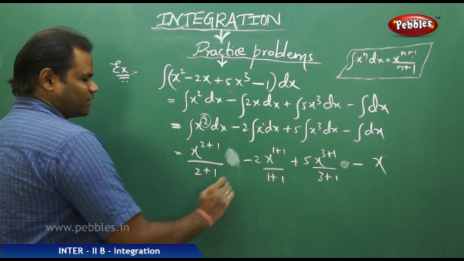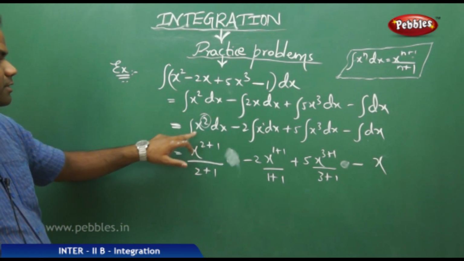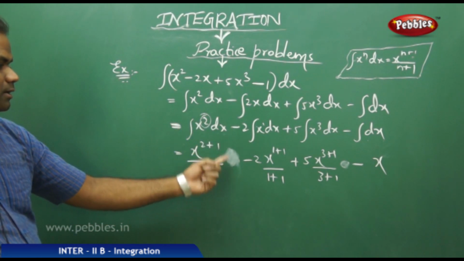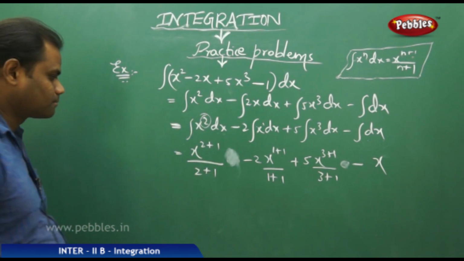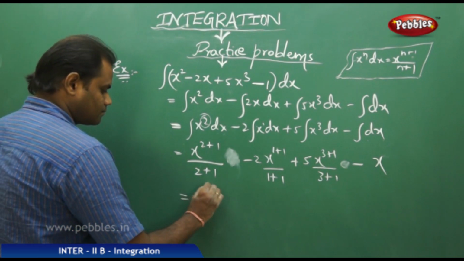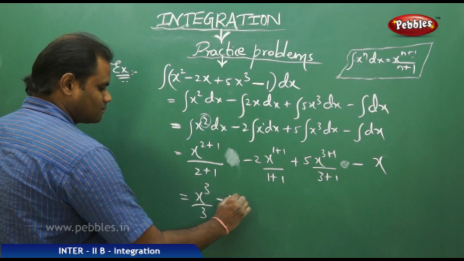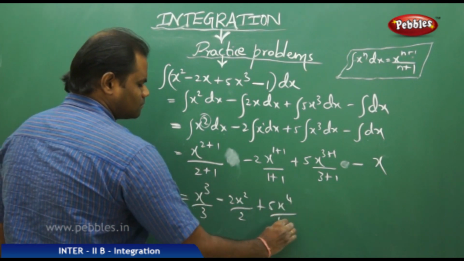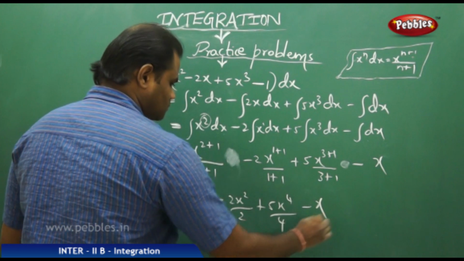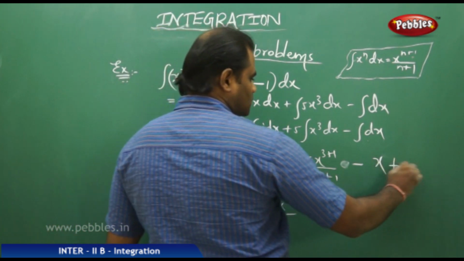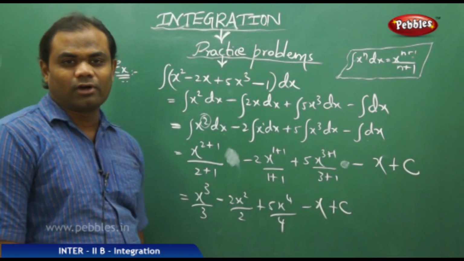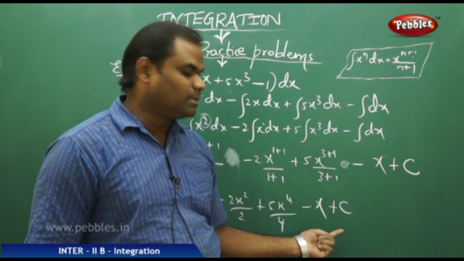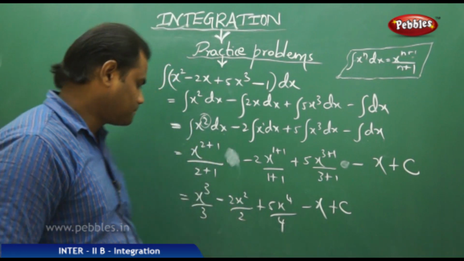So no dx after integration, because integration is only for dx, but once integration is substituted with the formula, there's no dx. And of course, the constant of integration should not be forgotten, because every indefinite integral when simplified has plus c compulsorily.